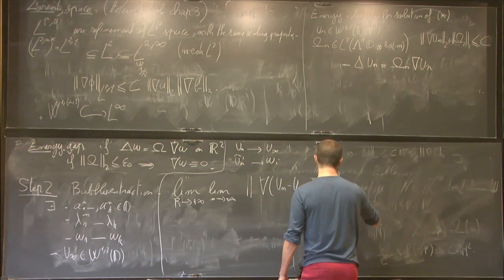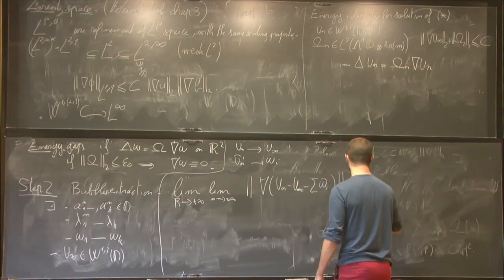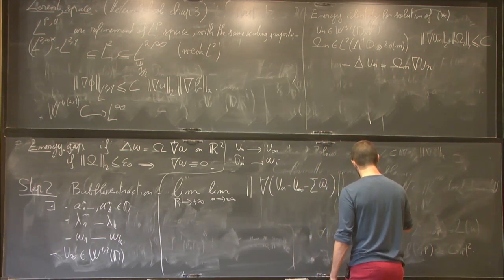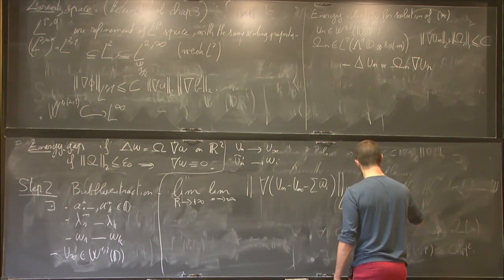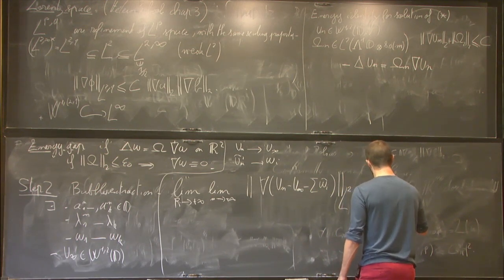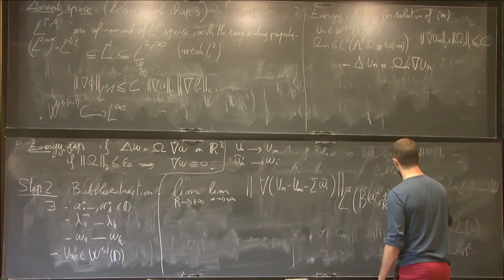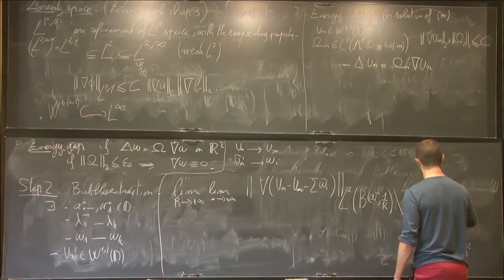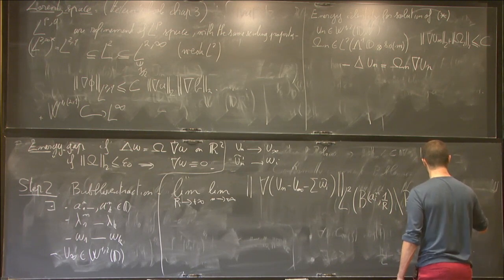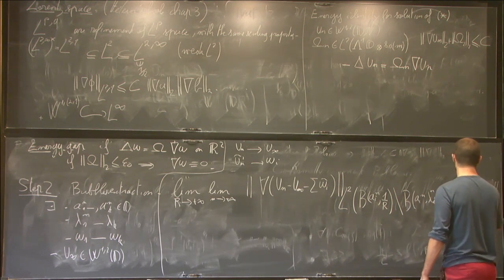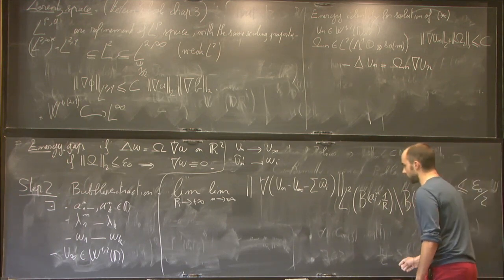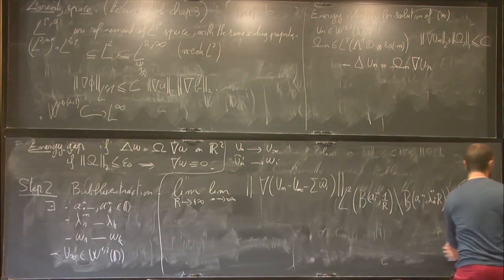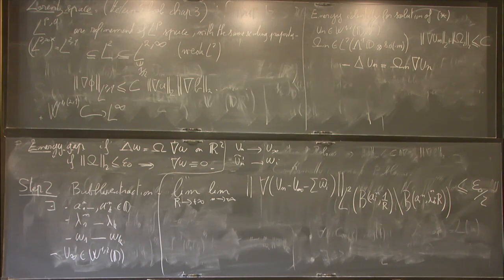So the neck regions are B centered here, 1 over R. So you are close to the bubble but far with respect to the scale of the bubble. And so you want this energy. So it's quite a technical statement for a very simple idea. I think it will be clearer on a drawing.